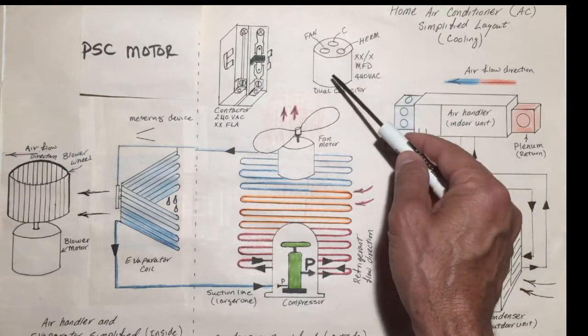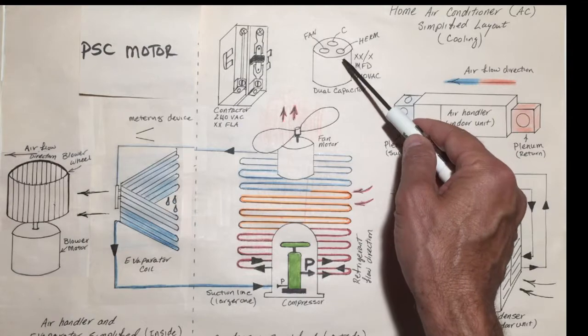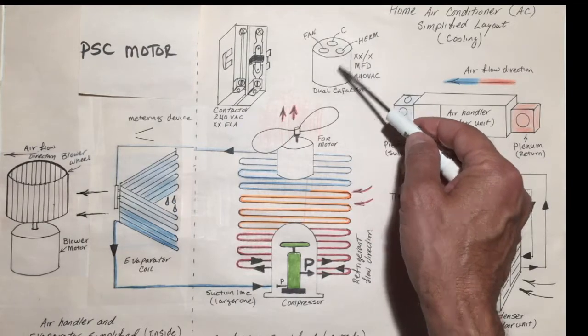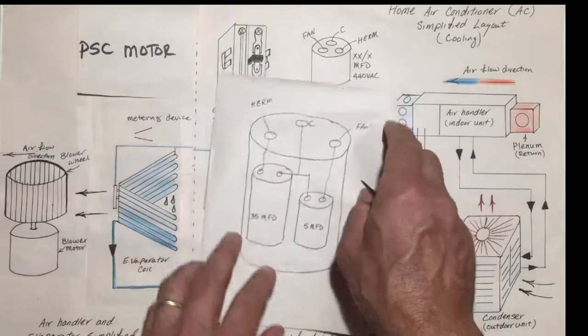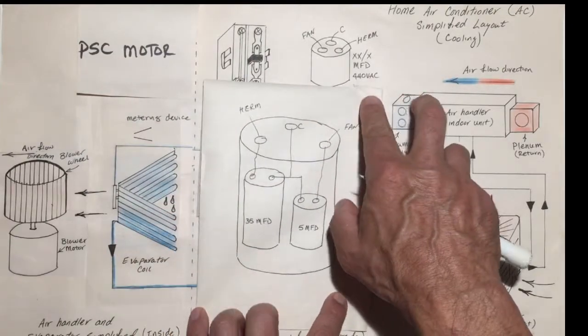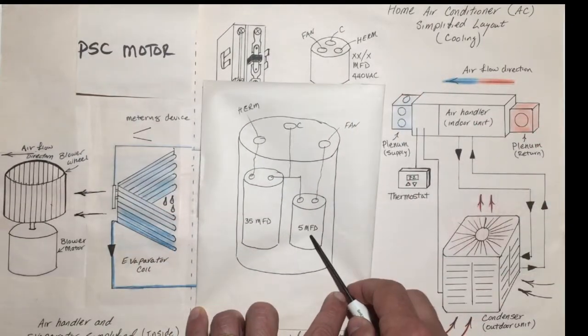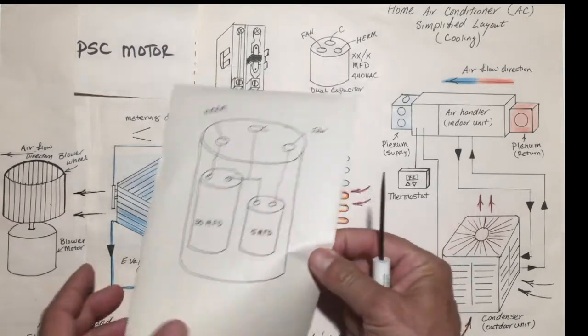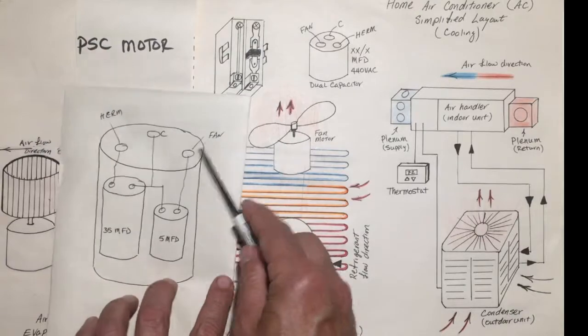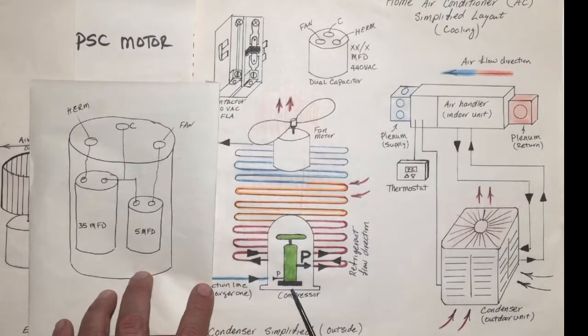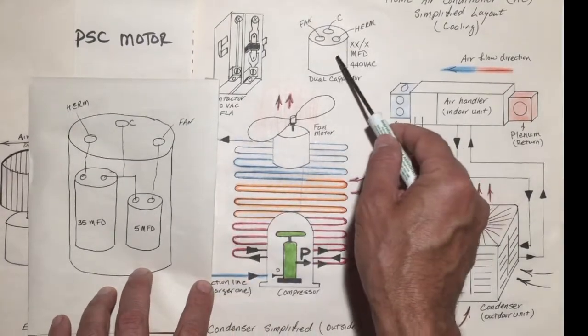Now, in this particular case, this is a dual cap. So inside of one body, I have actually a better illustration here. Inside of that body, we have two capacitors, one that services our fan motor, and another cap that services our compressor. And they're both inside of this body here.